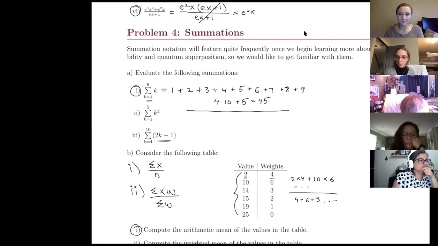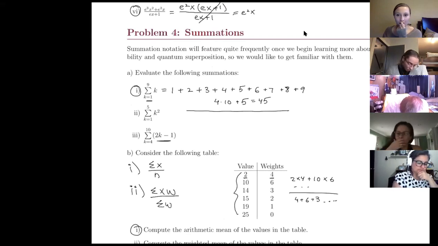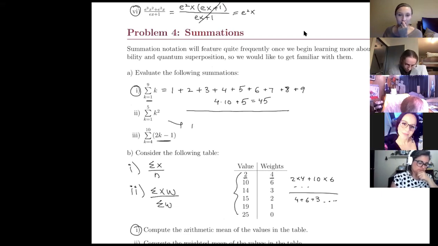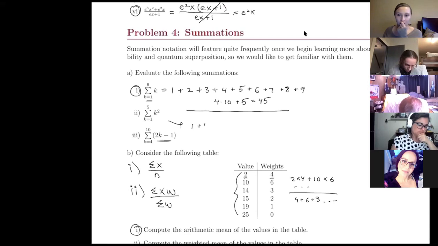Third round, k is 3. And it's just like, I guess, the variable that you generally use with summation notation for representing what you're adding each time. So like for the second one, it would be 1 plus 4 plus 9 because you're doing the squares.